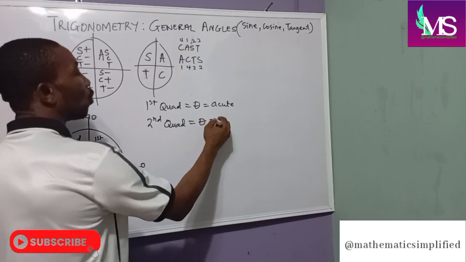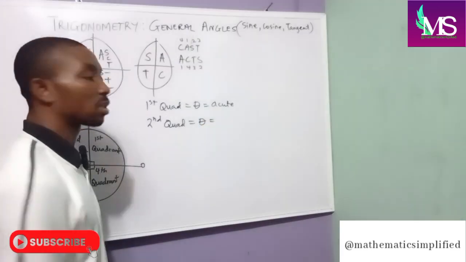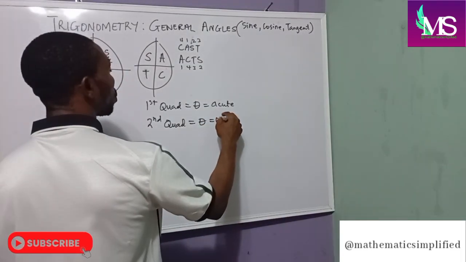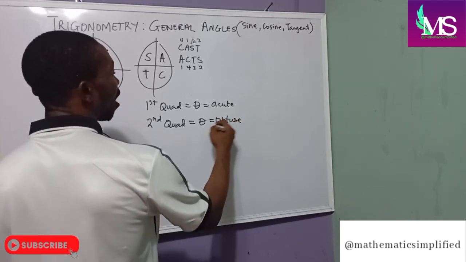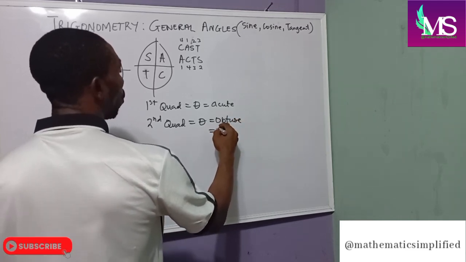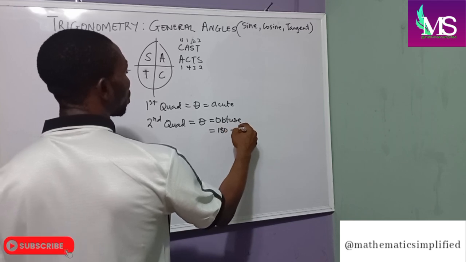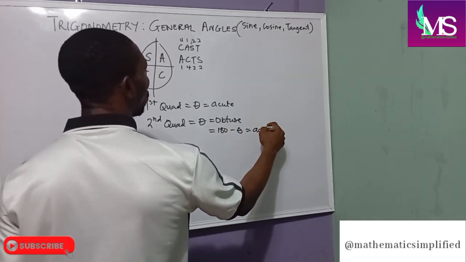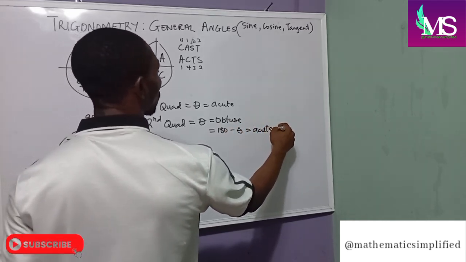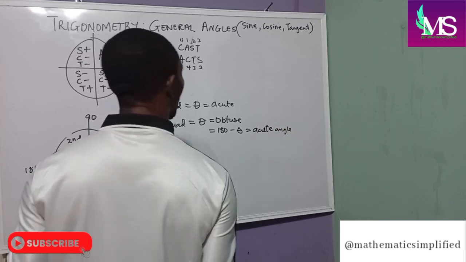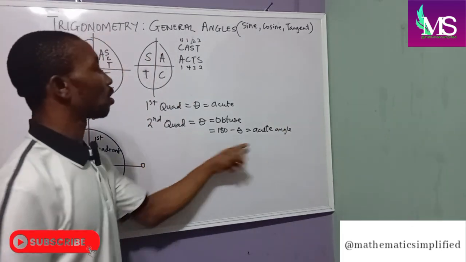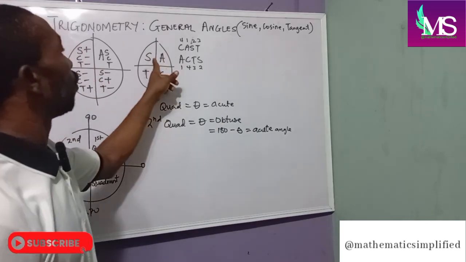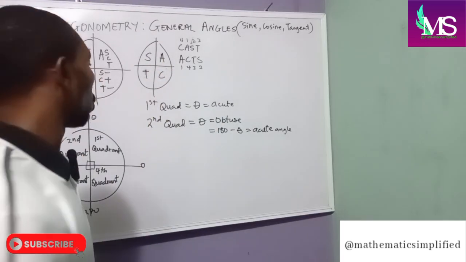But if we want to get the acute angle here, we will do 180 minus theta equals the acute angle. So 180 minus our theta in the second quadrant will give us the acute angle for the second quadrant.